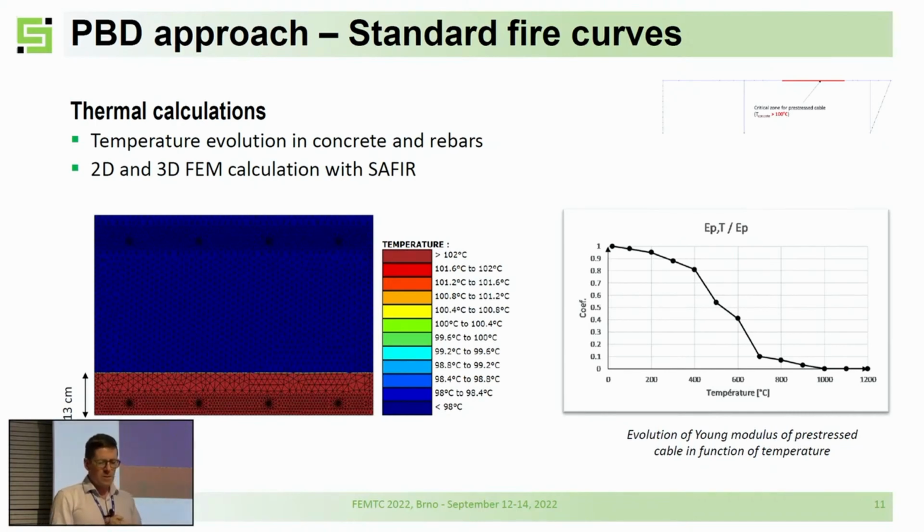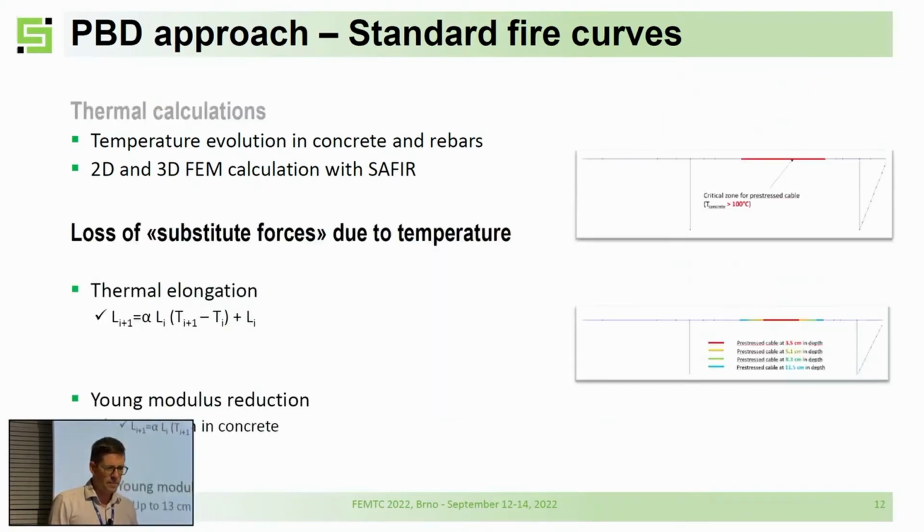As you know, the steel and concrete will lose capability during the heating. So we will use the Eurocode curves that are inside the Sapphire software. As we didn't put the cable into the model, we have to make assumptions on the replacement forces that we put into the model.